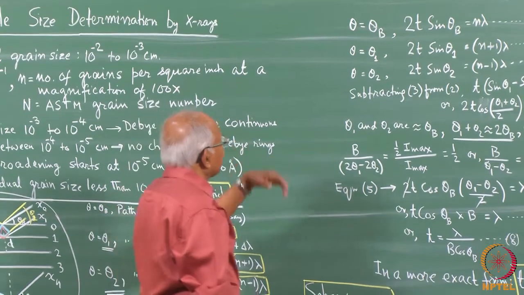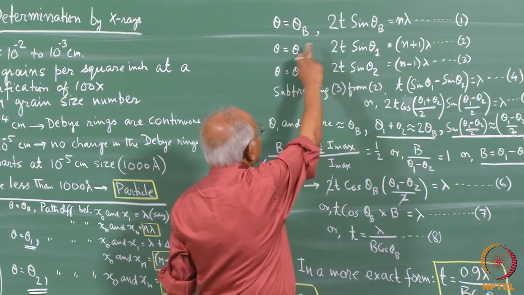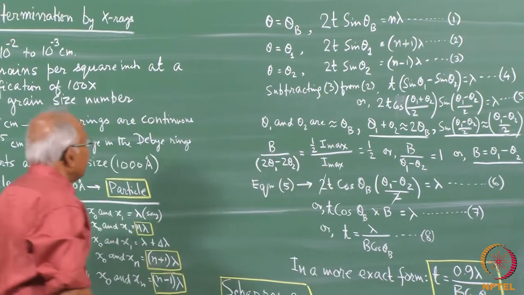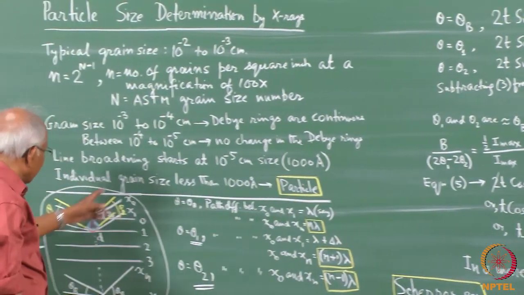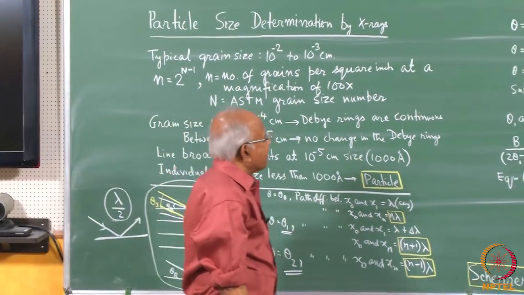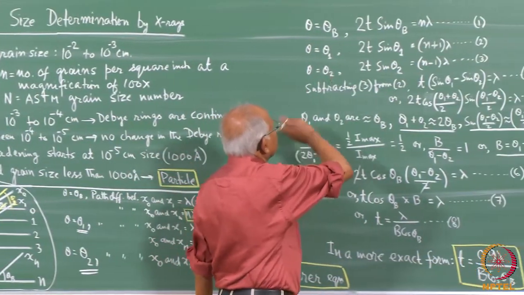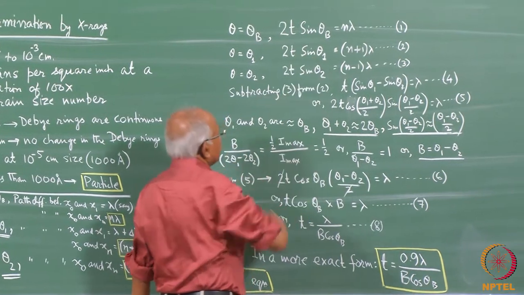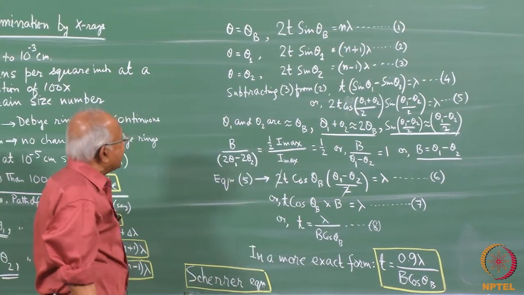So, for the whole crystal, when you consider the radiations emanating from the 0th plane and the nth plane, when theta is equal to theta b, 2t sin theta b must be equal to n lambda.